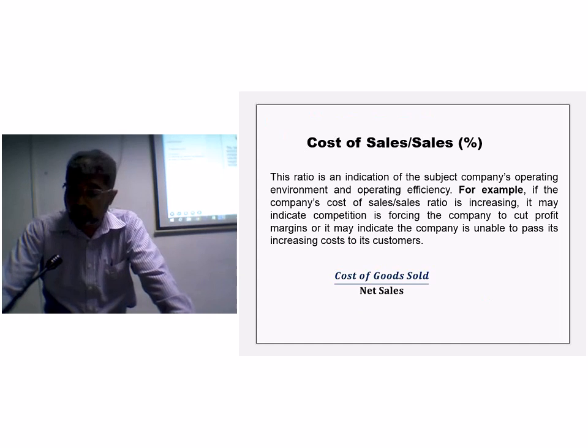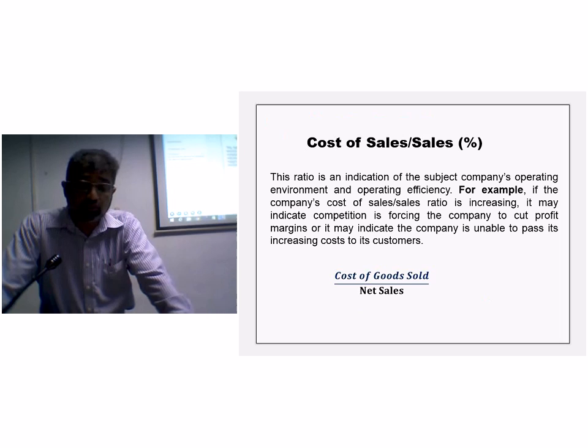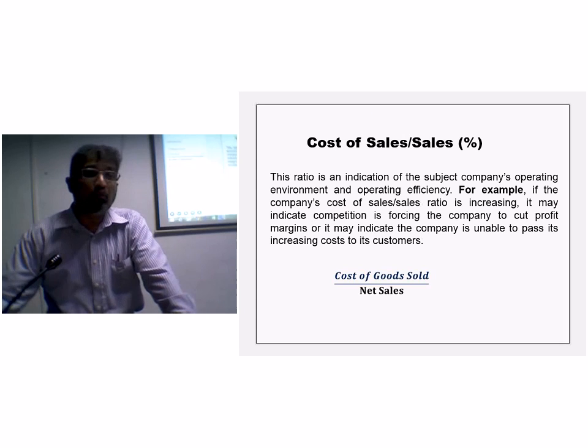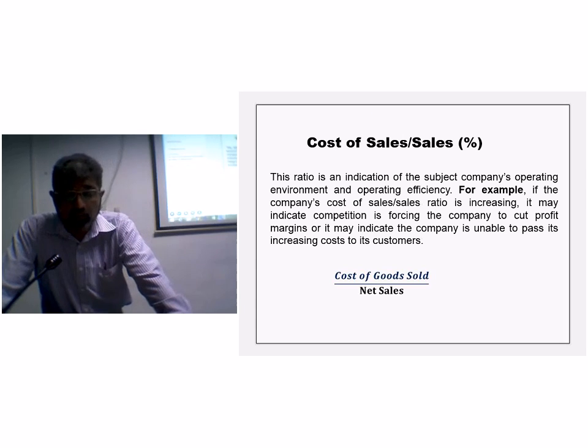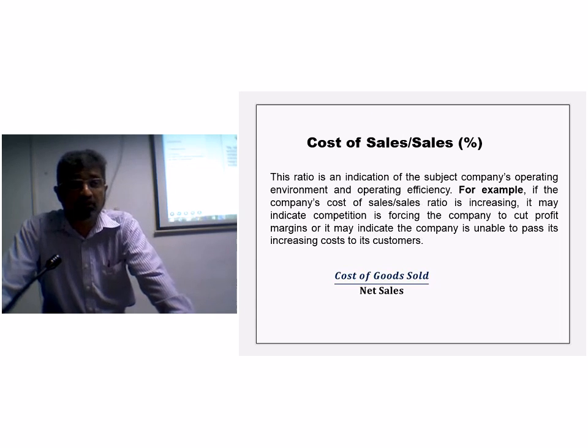Again, we can use this type of ratio to compare, right? One of the main tasks is to control the cost. How to control cost, how to compare cost with the previous period, and how to compare cost with the competitive organization. In some organizations their selling price is comparatively less than other organizations, right?